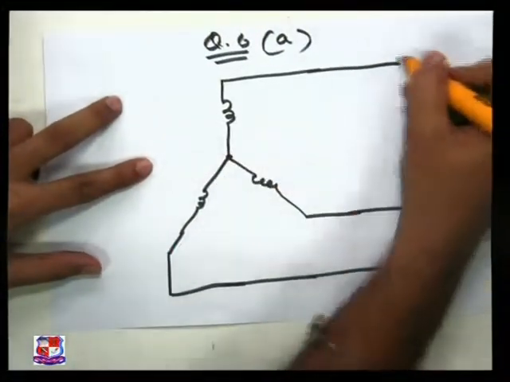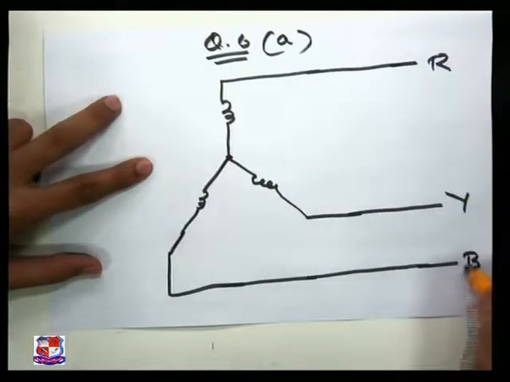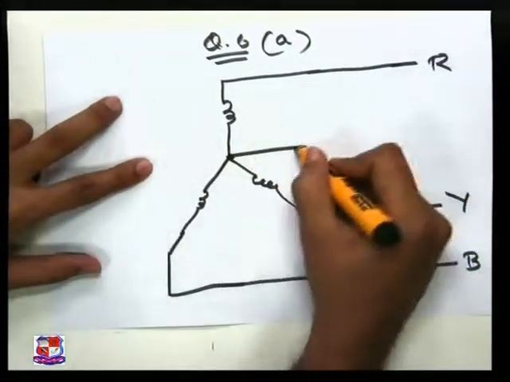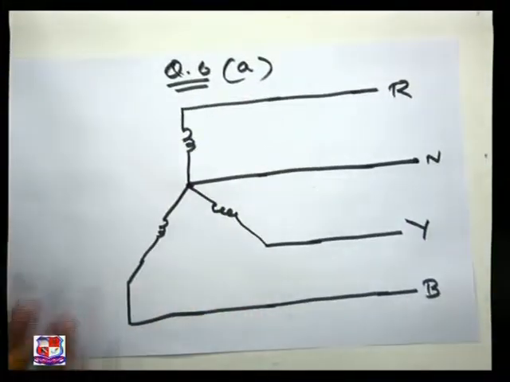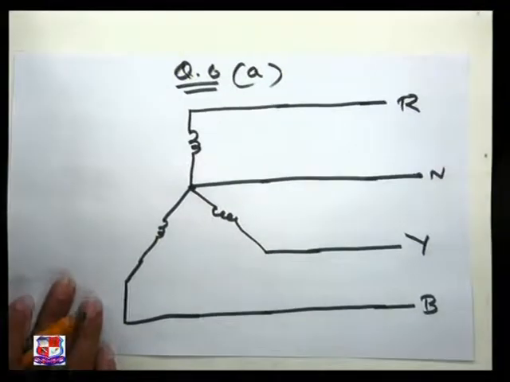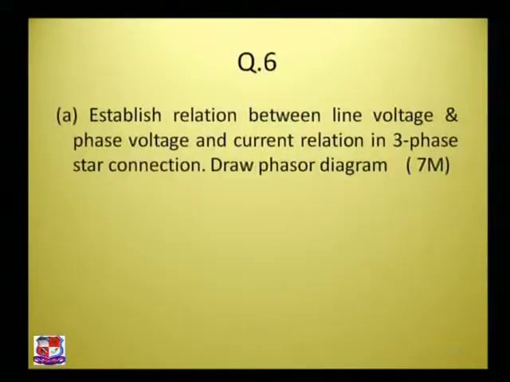I am taking this as R, Y, B, and this one as the neutral. So this is a simple diagram, the three phase RYB, and then the neutral line is there. So you can say it is a three phase 4 wire system.